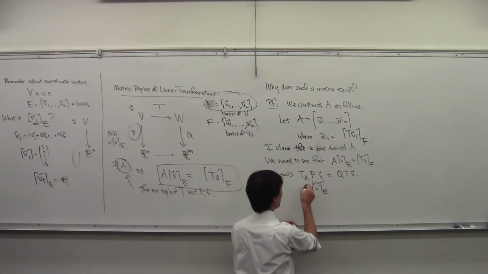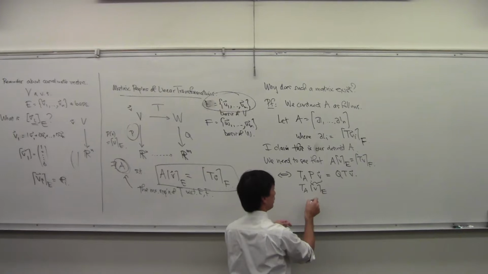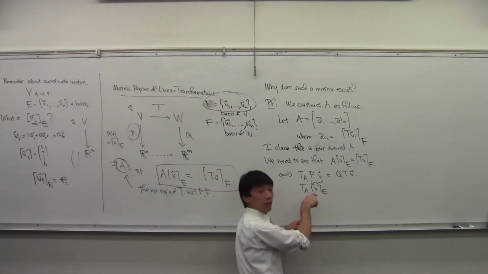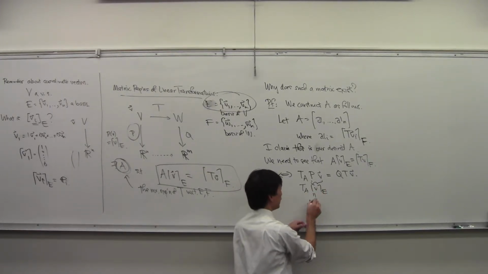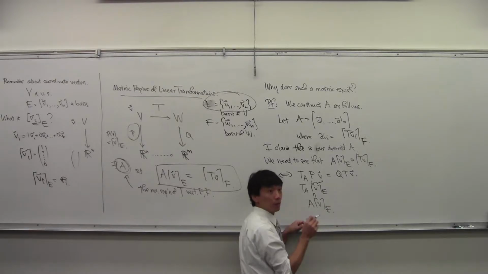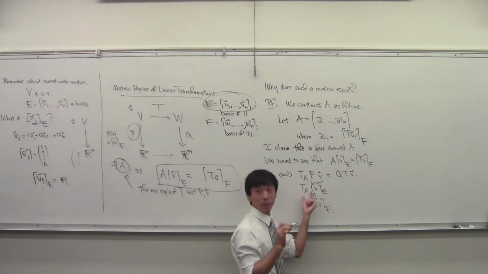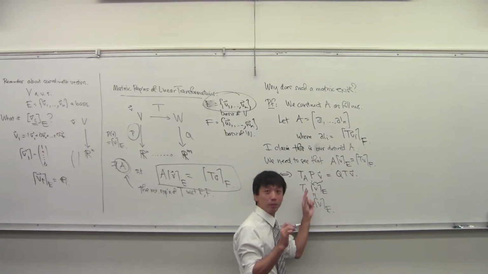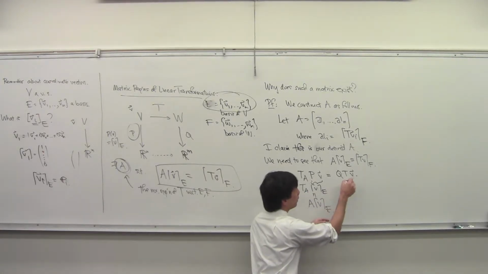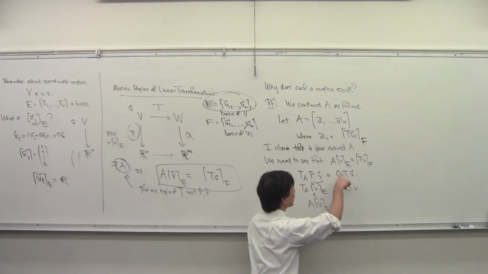All I'm saying is that T_A of V_E is, of course, A times V_E. T_A means left multiplication by A. Over here, we've got T V, and then we take Q of it.